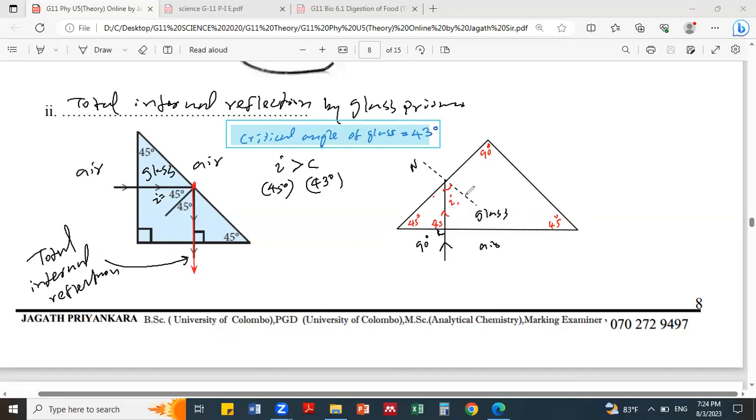This side, it should be how many? It's 90, no? Okay. So then this angle will be more than 45, right? This simple I will be more than 40, more than 43, definitely.